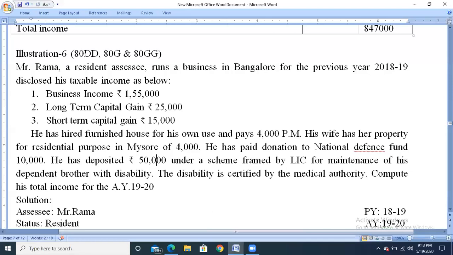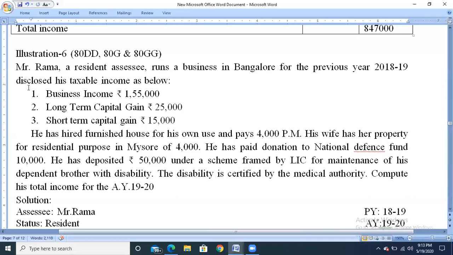Section 80DD says that any amount contributed or deposited by the assessee to meet the maintenance of a disabled family member, and the disability has to be certified by a government doctor. Less than 40%, no deduction is available. 40 to 80%, 75,000. Above 80%, 1,25,000 will be the deduction amount.